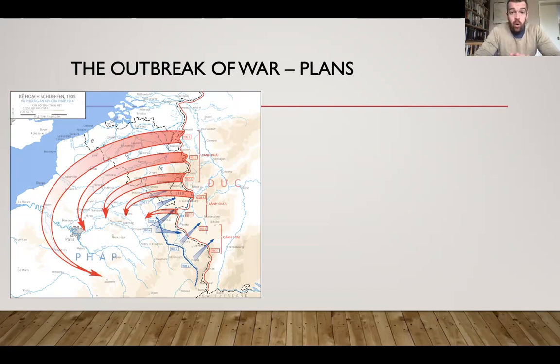If so, where is it likely to be fought? And as far as Britain was thinking, it's probably going to be northern France and Belgium. Okay, because it's quite close to us. Okay, we presume the French are going to be on our side in this war as well, so they're going to be fighting. So we're going to go and assist the French, and we're assuming Russia's going to be fighting in the east as well. Were they right? Absolutely 100% spot on.